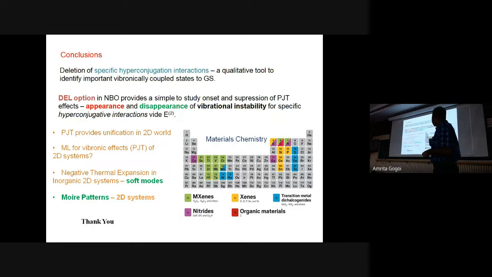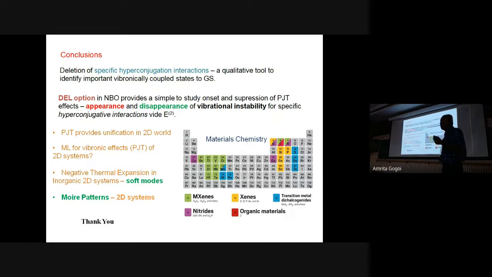So what we are now interested in is whether we can get vibronic effects, because these are very expensive things to calculate, from very simple descriptors from machine learning models, because we have a periodic table and a large body of oxides and sulfides. So can we have a machine learning approach to at least get an idea of vibronic coupling?